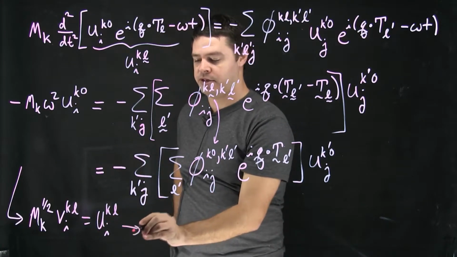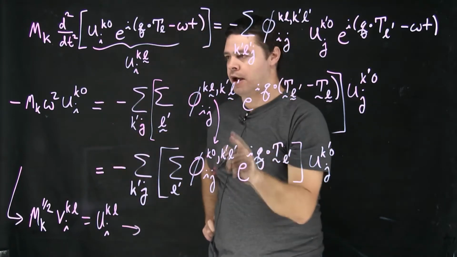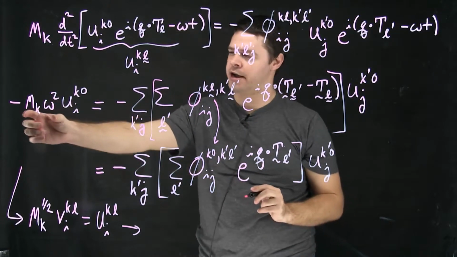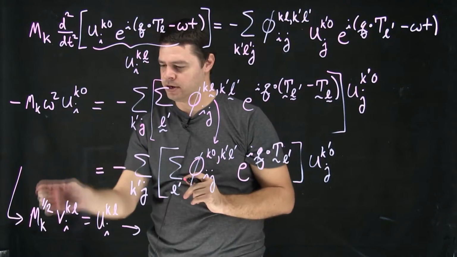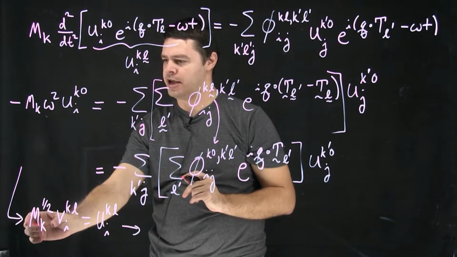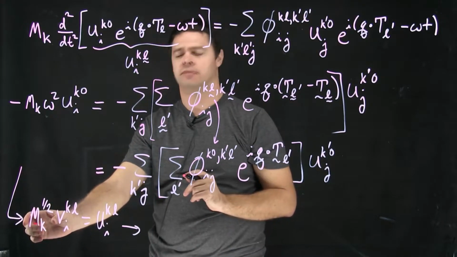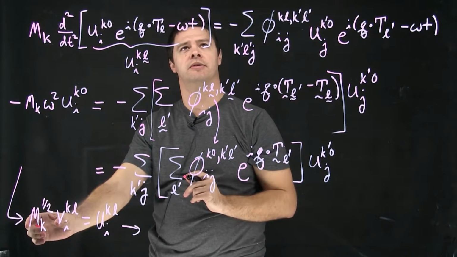If I make that change of variable, then I can divide by, so why would you do this? Basically because this thing will spit out a factor of, did I get this backwards?